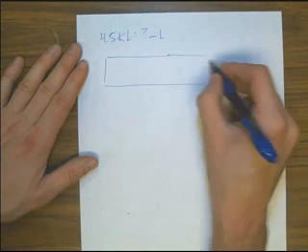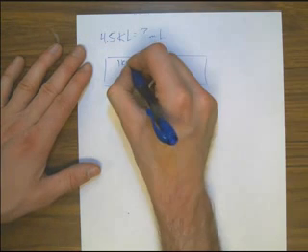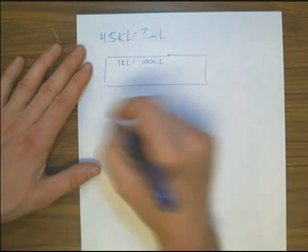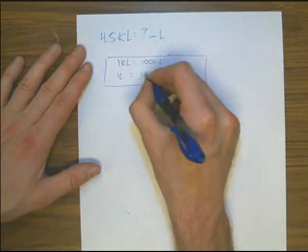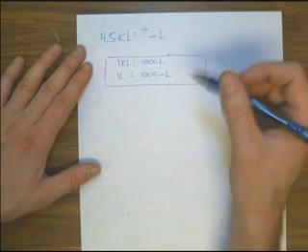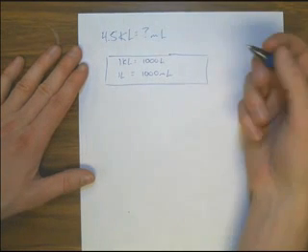Those two conversion factors I'm going to put in this box below. I know that for every kiloliter, I have 1,000 liters. And I also know that for every liter, I have 1,000 milliliters. Using these two conversion factors, I can convert my kiloliters to milliliters using two steps to solve this problem.